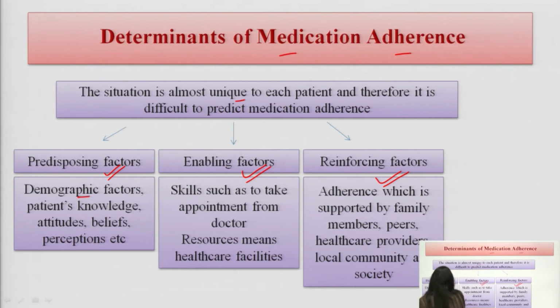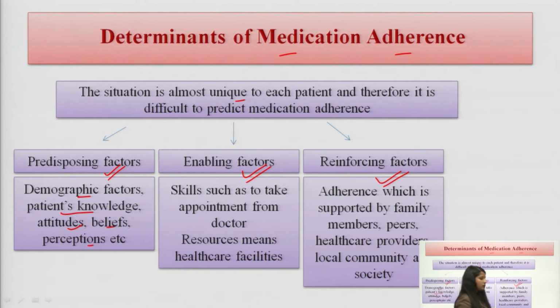Predisposing factors means demographic factors, patient knowledge, attitudes, beliefs, perception, etc. I told you the patient has a negative belief about the treatment. If the physician writes a particular prescription for 10 days, 15 days and the patient has to follow it, but what did the patient do? The patient just took it for 2 days, 3 days just to improve the symptoms.